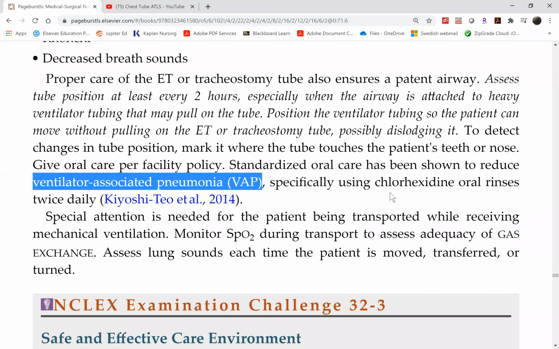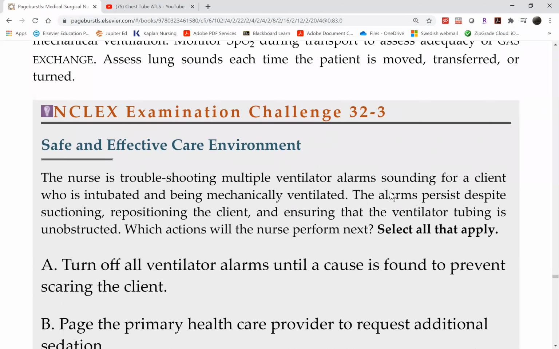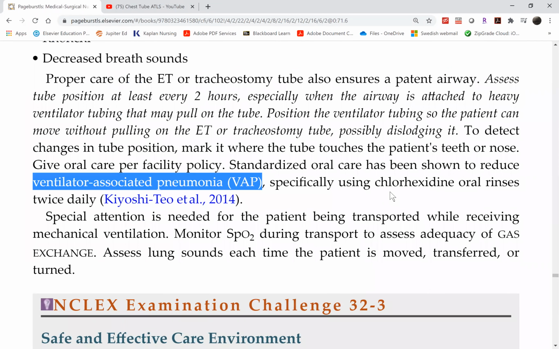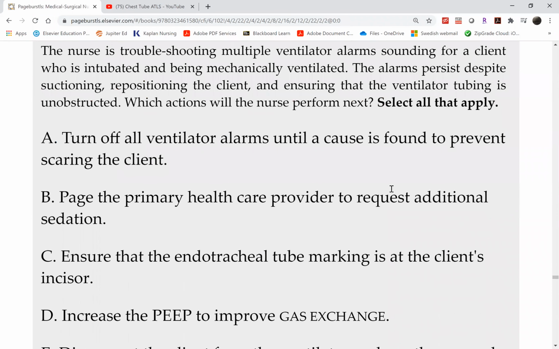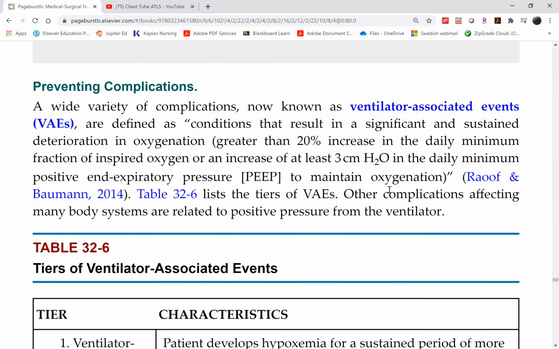Because of that, we have a bundle, because this will drop our revenue. This is not good on reimbursement. When you spend money on ventilator-associated pneumonia, it drops your revenue, so we have to prevent it in the first place. Plus, it will affect your patient's outcome. The patient might not make it. The patient will die because of the pneumonia.